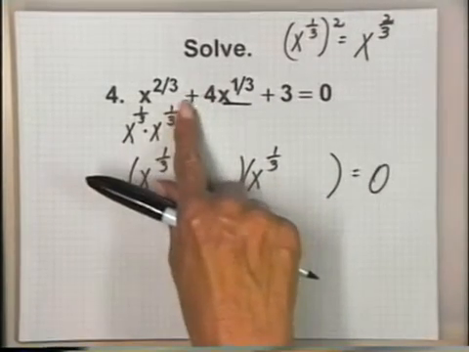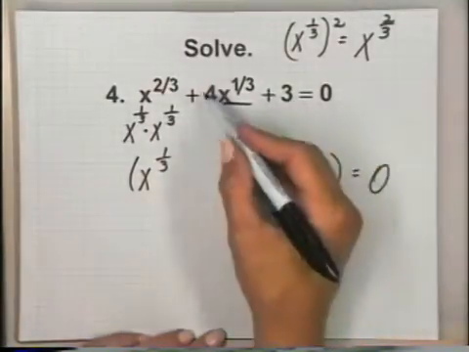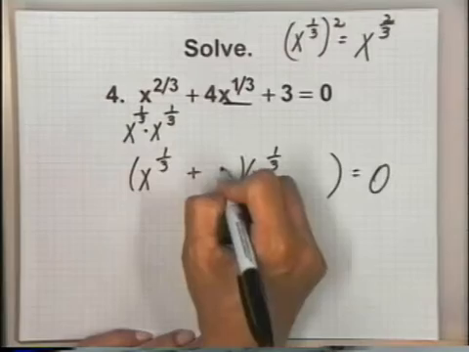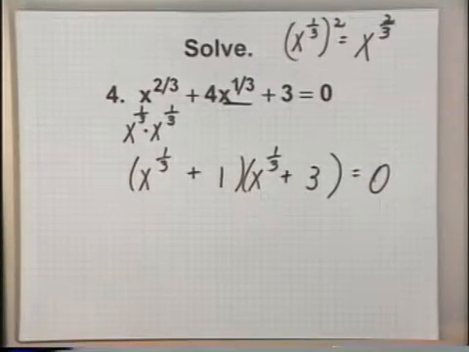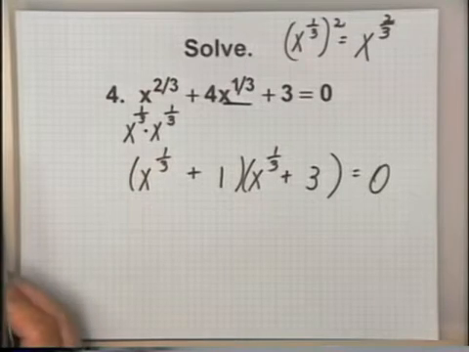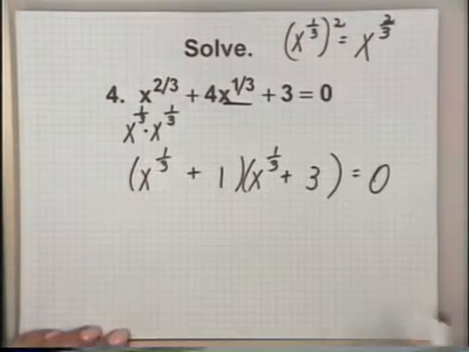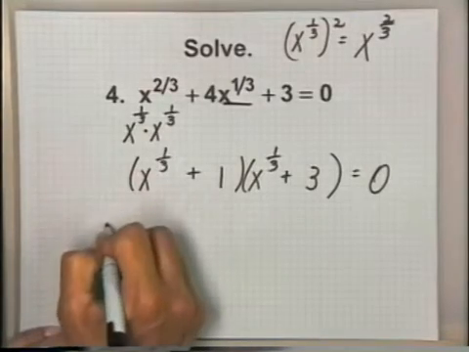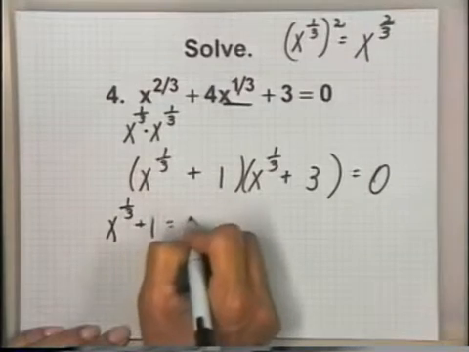This middle term tells me that they will both be positive, and I want the factors of 3 whose sum is 4. Well, that would be plus 1 and plus 3, wouldn't it? Now, let's set each factor equal to 0 using our zero product theorem.